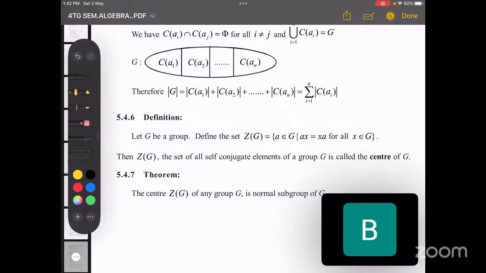We have seen what conjugate elements are. Here we have one more point, that is self-conjugate elements.